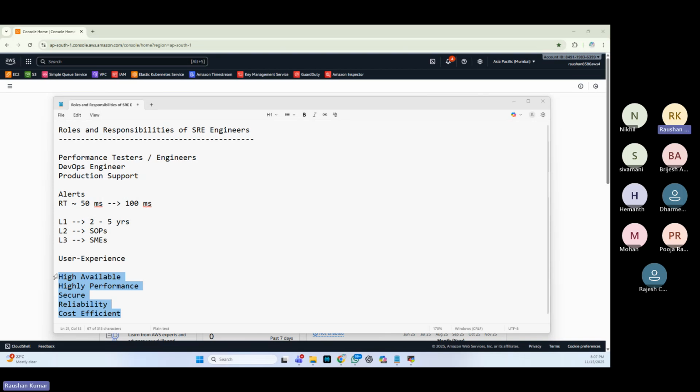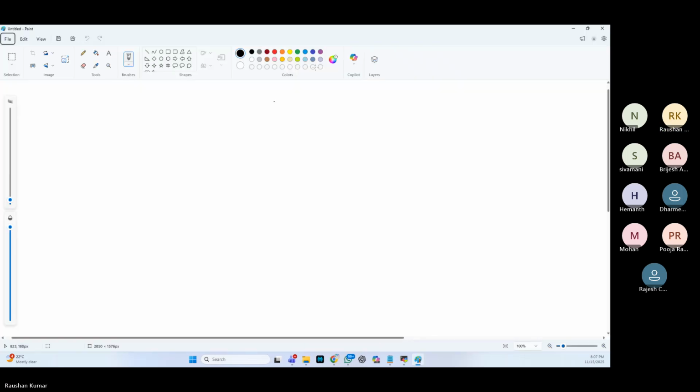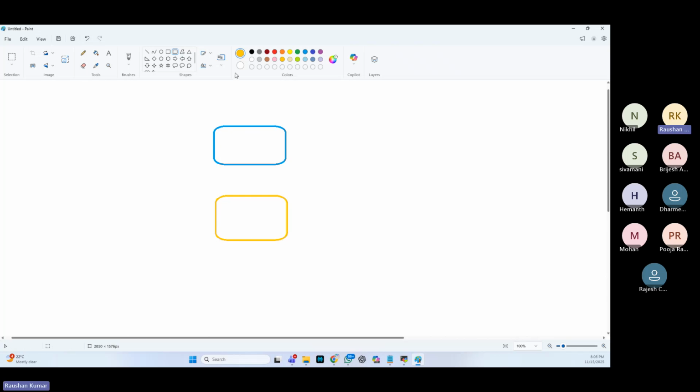Let's understand these terms. Okay, let's say you have this web server, this app server, and database server. 3-tier applications.